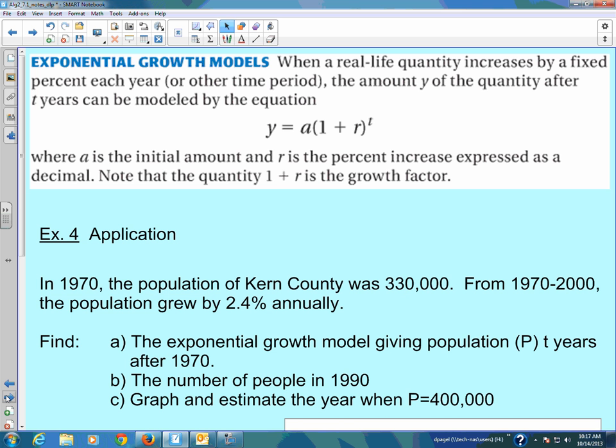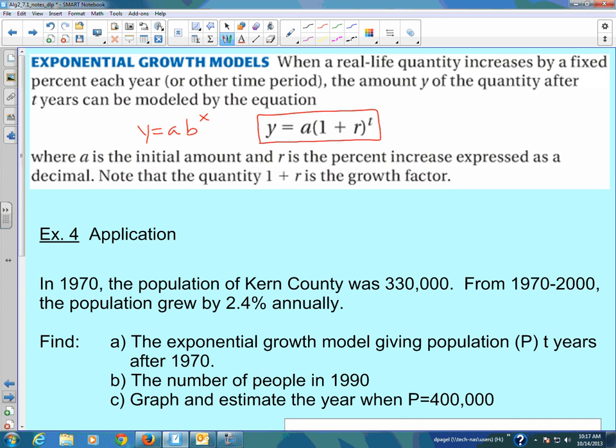So we use this to help ourselves model things, which is again what math is about. So here we have exponential growth models, and in this example, we see a new equation emerge. And we see that it looks a lot like what we generically started with, y equals a b to the x.